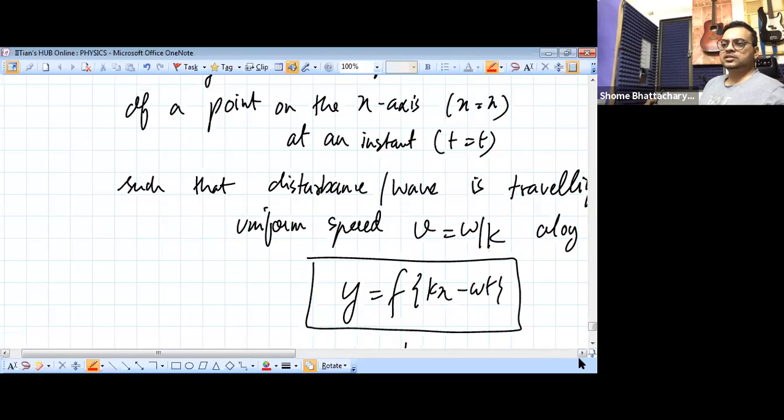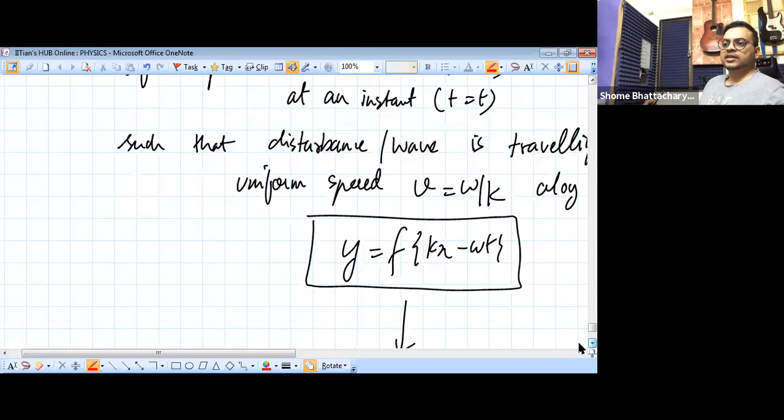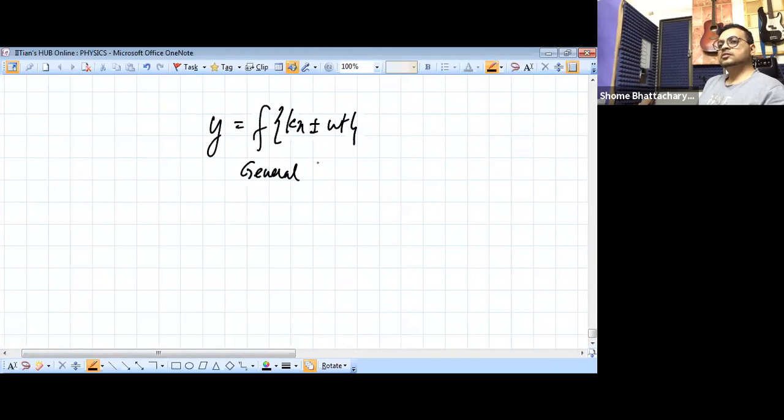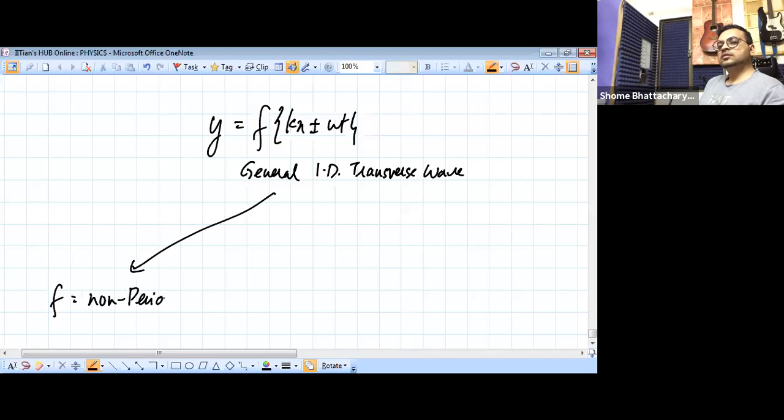Now further we will see something important here, that while this is a general equation where we can fit any function, the function may be like that exponential pulse which you are seeing. Now, suppose the function is what we call a non-periodic function. It doesn't repeat itself. Okay.